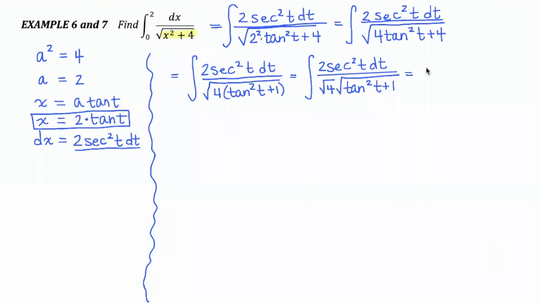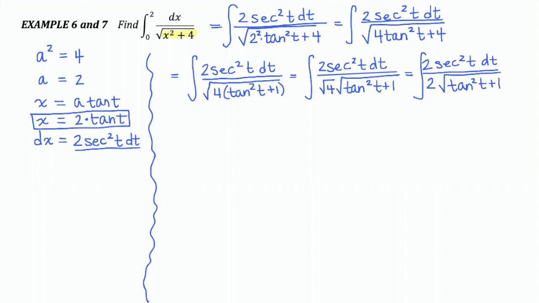So you're going to notice then what occurs is I've got my 2 secant squared t dt still just hanging out in the numerator. And I'm now going to have a factor of 2 in the denominator, and I have underneath the radical tangent squared t plus 1.